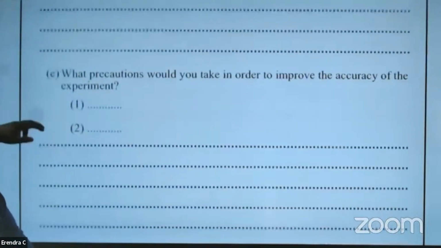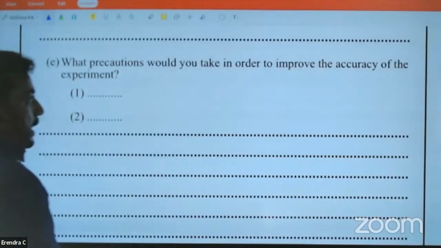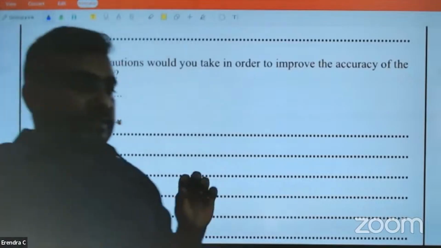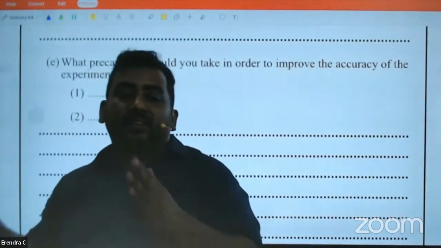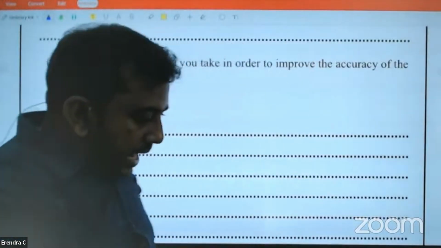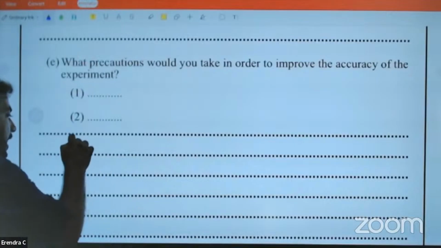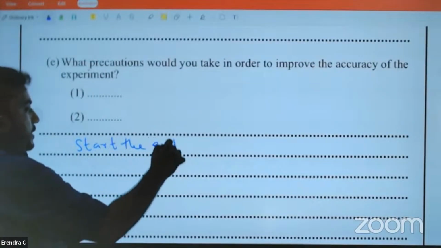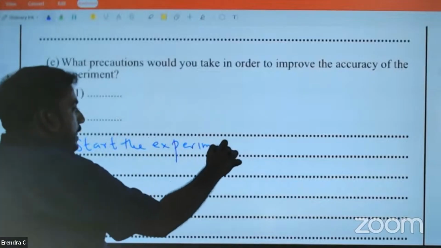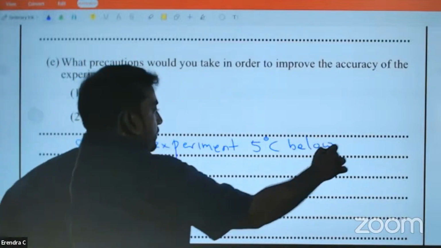What precautions would you take in order to improve the accuracy of the experiment? Now, remember, the first thing you must write is that you must minimize the heat loss to the environment. How do you minimize the heat loss to the environment? We start the experiment 5 degrees below room temperature.